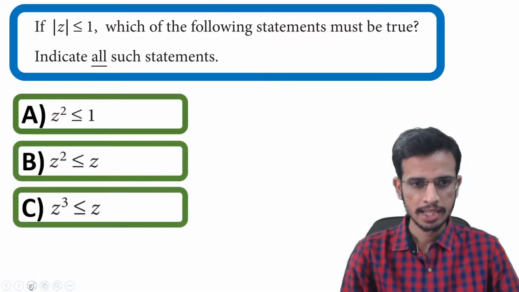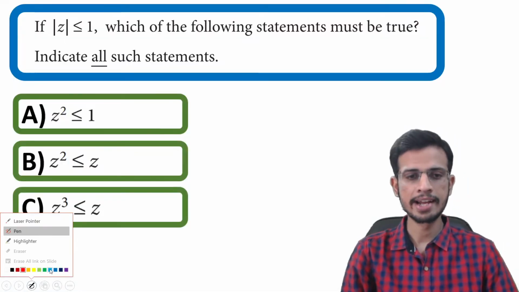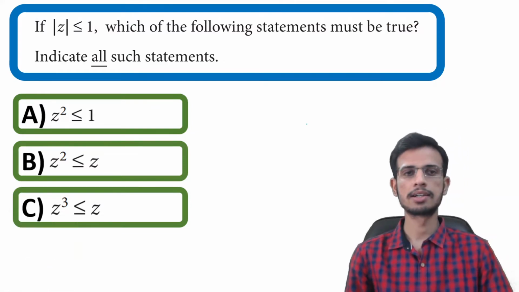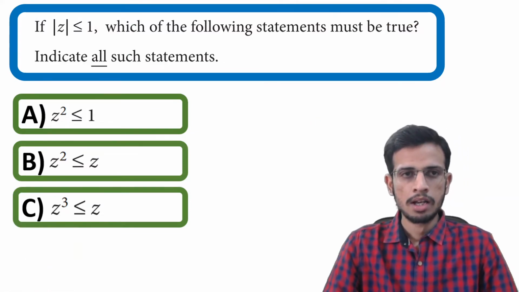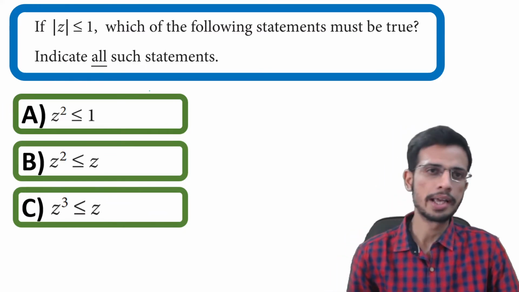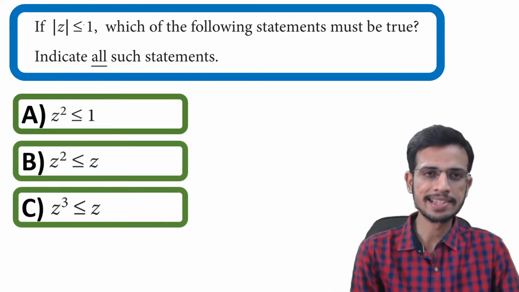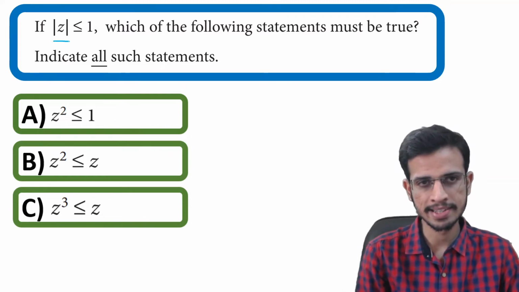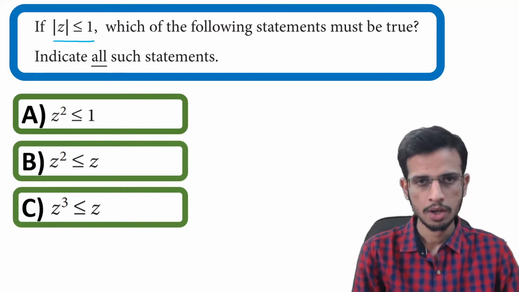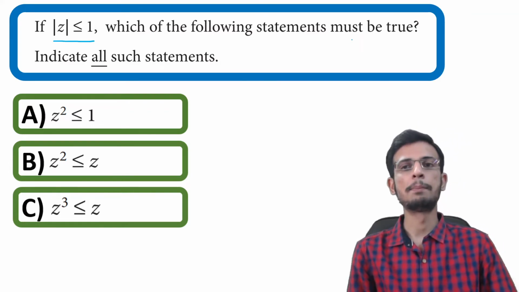This question is very, very interesting, and I will say a little bit tricky as well. So let us read the question first. If mod of z is less than or equal to 1, which of the following statements must be true?